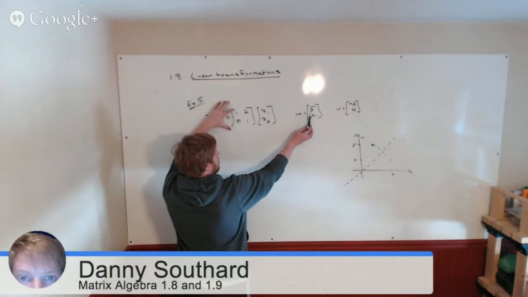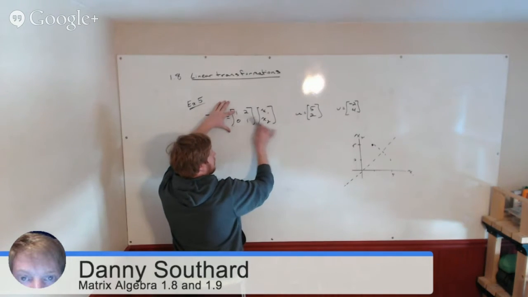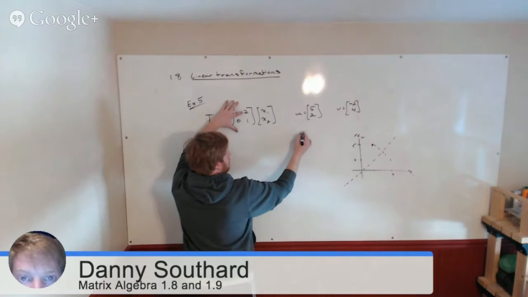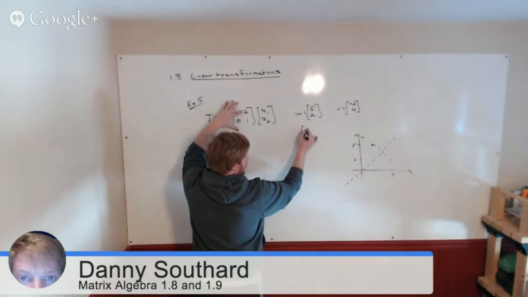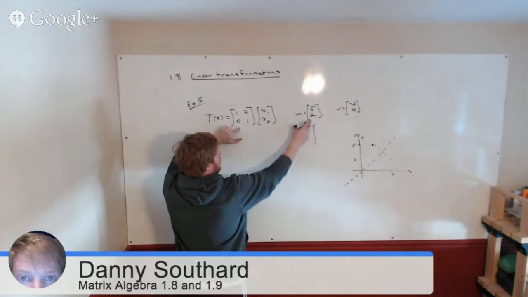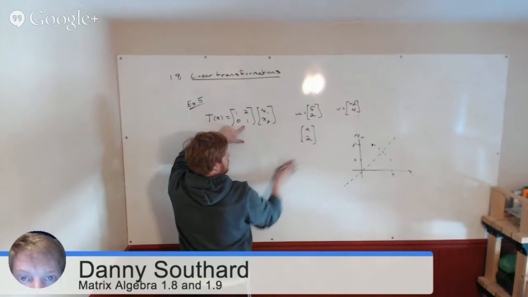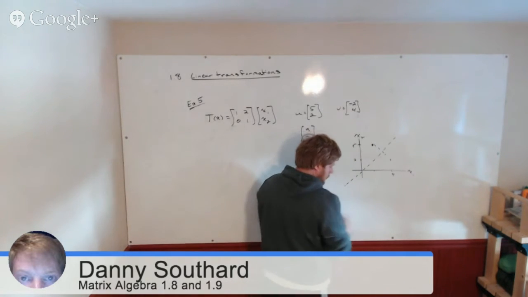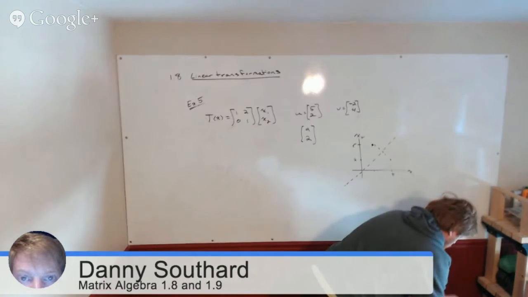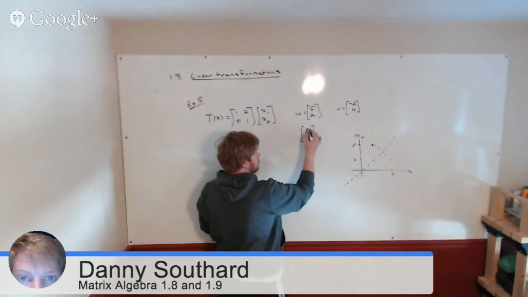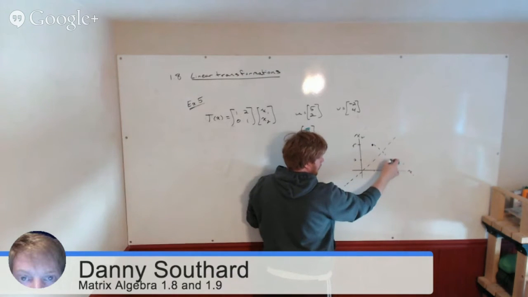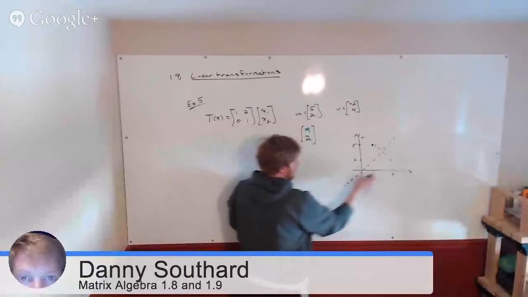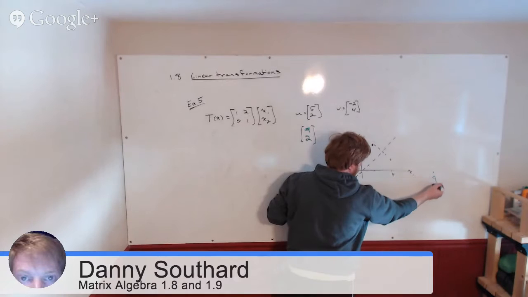Well, x sub 1 is going to stay the same, but then I'm going to add to it twice x sub 2. So I get 9, and then the second entry is going to stay the same. So in this case, I've taken (5, 2) and I'm now at (9, 2).